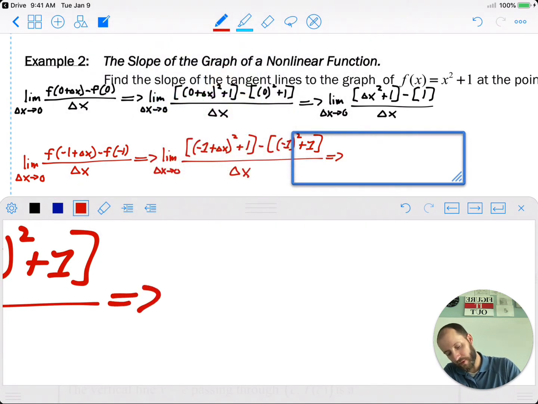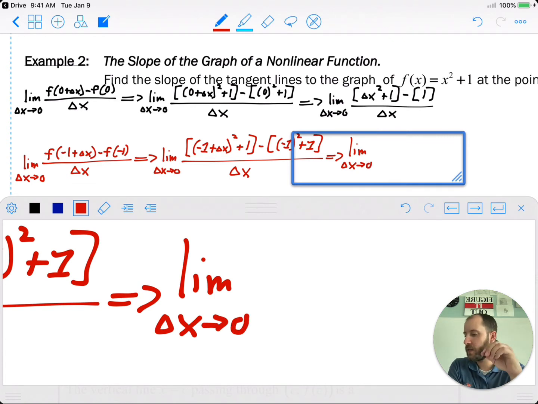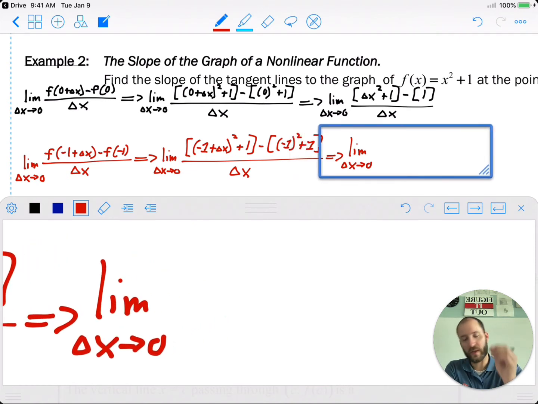The problem in red, since we have a binomial to expand, is a little trickier, but just do a binomial expansion. So -1 plus delta x squared.